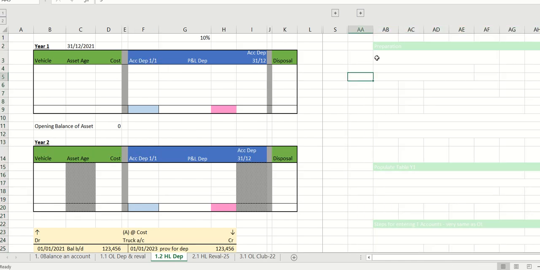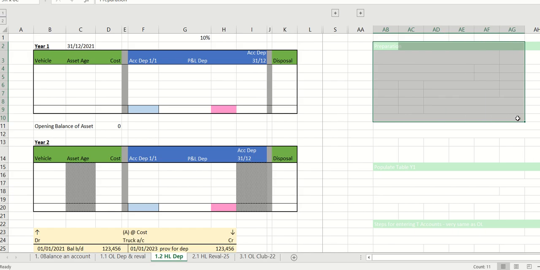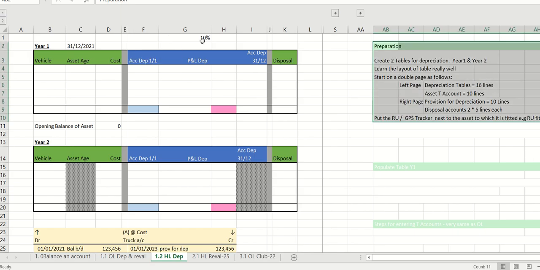All right. So first things first for us, guys, we need to get our tables ready for depreciation. In the same way as reval, for higher level, we are required to create tables in order to calculate the depreciation for the year. We're being asked for just 2 years in depreciation versus 5 years in revaluation.